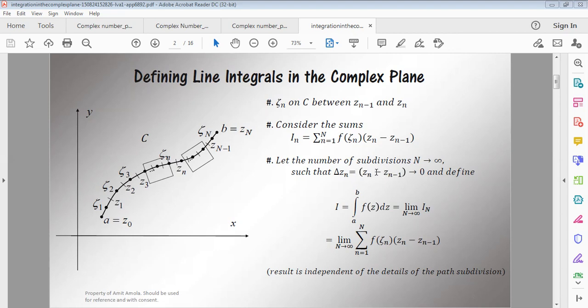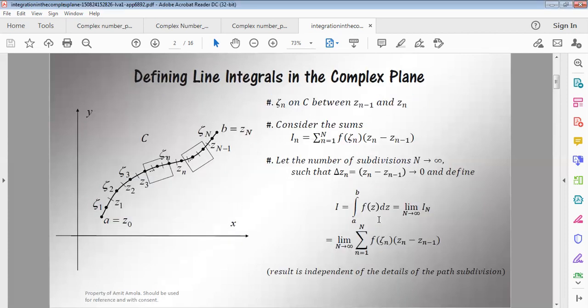This difference between these two points, z0 and z1, z1 and z2, is a little bit of difference, very negligible. That means it tends to 0 and can be defined as I equals integration from a to b of f of z dz equals limit capital N tends to infinity of I n. That means if we take this limit, we can find out the whole area under the curve.